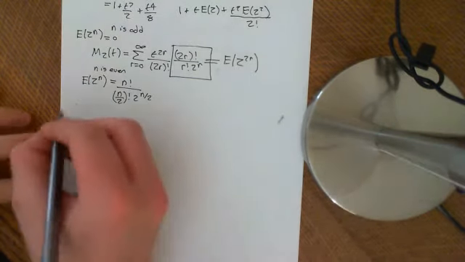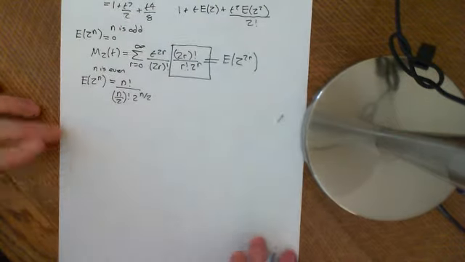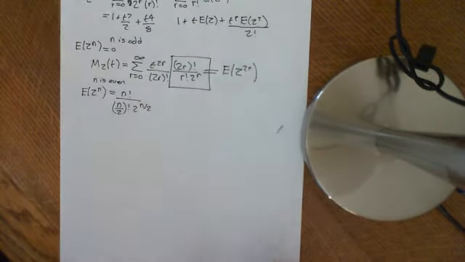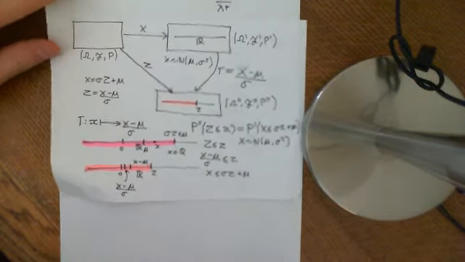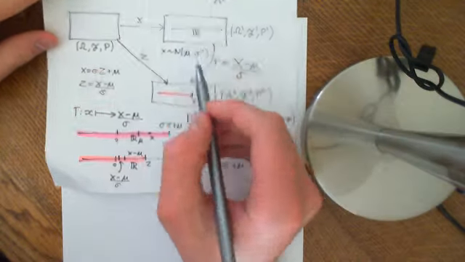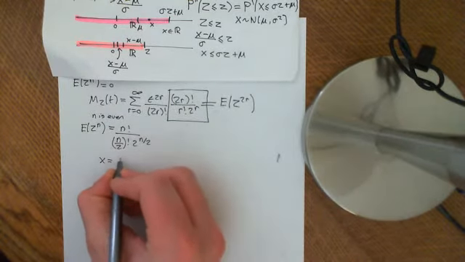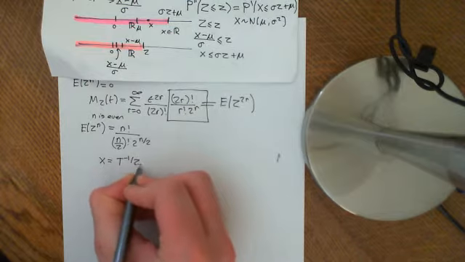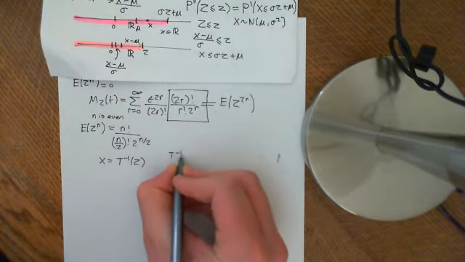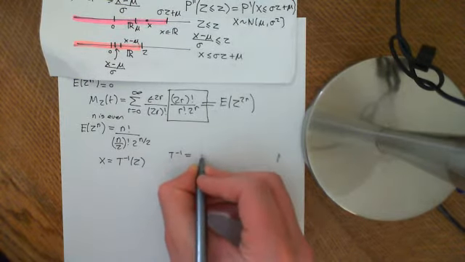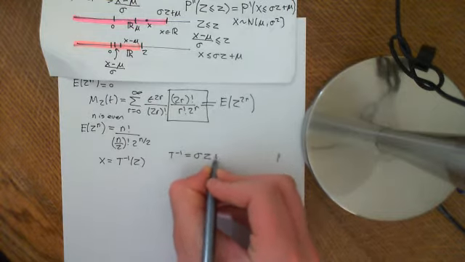Right, so if you remember, we started off originally with asking the question of what are the moments of the general normal distribution. So we know that x is equal to T inverse of z, but T inverse is equal to the function sigma z plus mu, i.e. the inverse function of that.